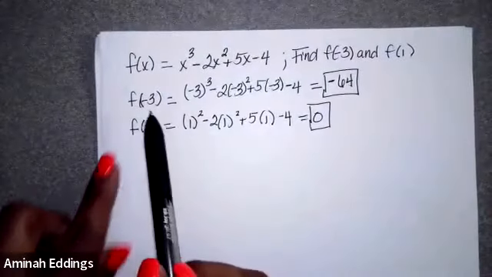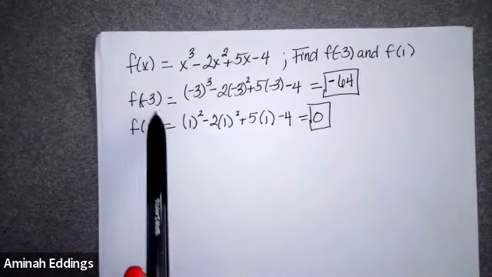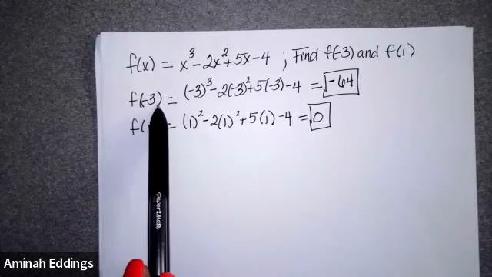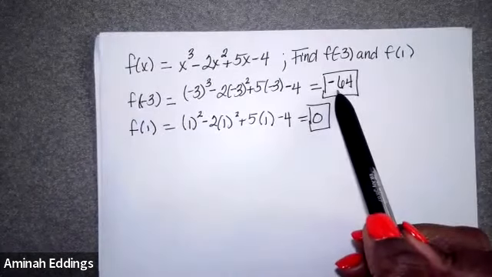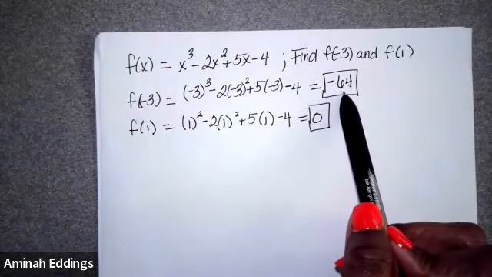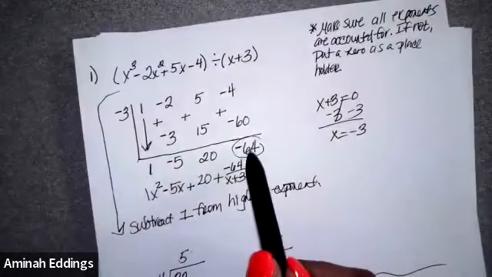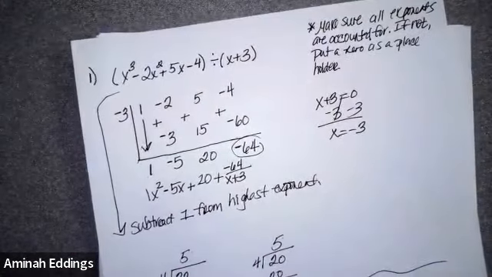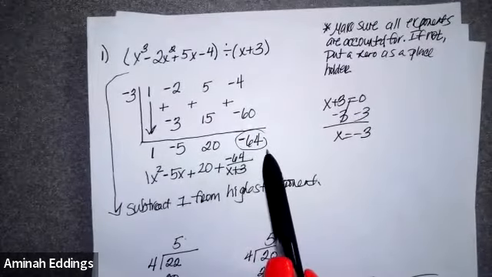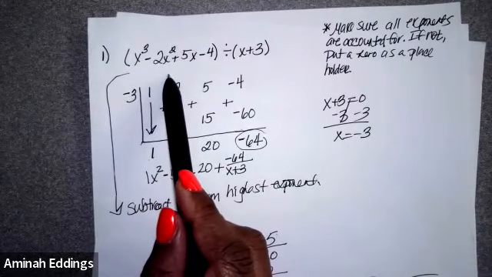So what we see here is if we evaluate a function at a particular number, whatever our answer is when we evaluate it will be the remainder if we divide that divisor and the dividend.